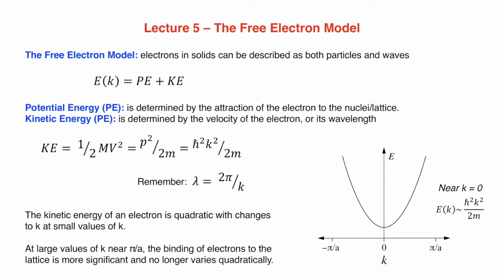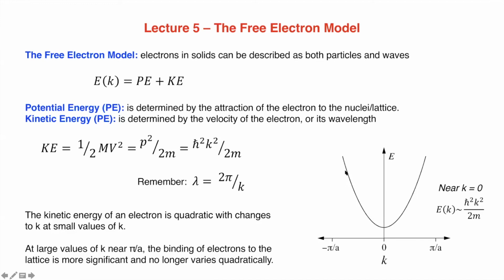So these are simple things that fall out of basic tenets of quantum mechanics. And what it really says is that the kinetic energy of the electron varies with k quadratically.